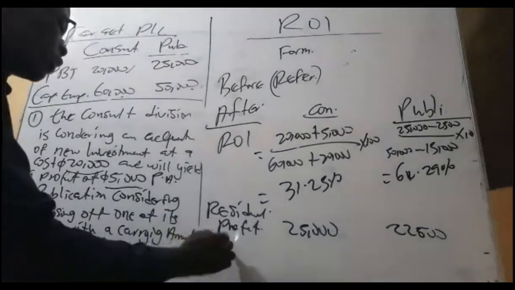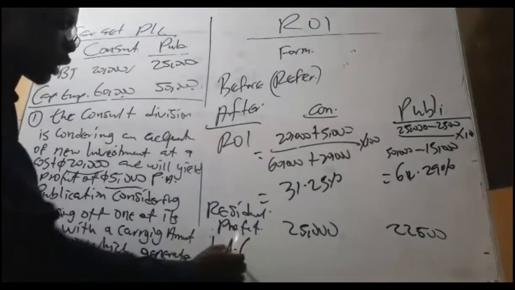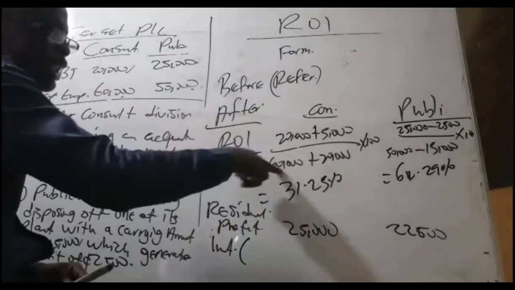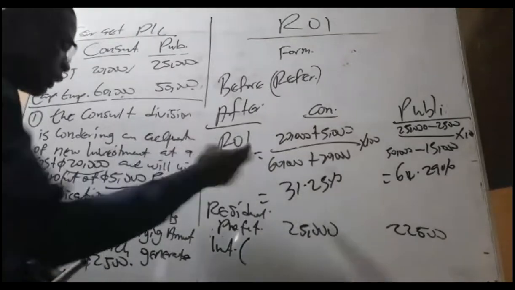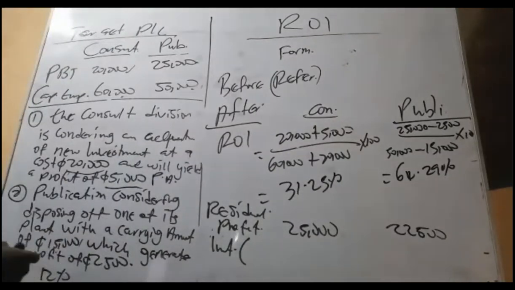And the interest or implicit cost, you open your bracket: 20 plus 60 will give us 80. The 80 times the 12%, that's the cost of capital.